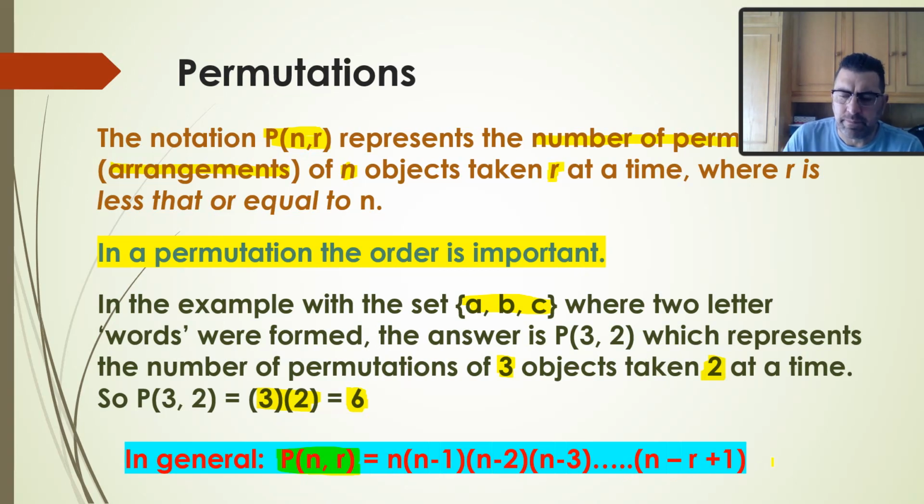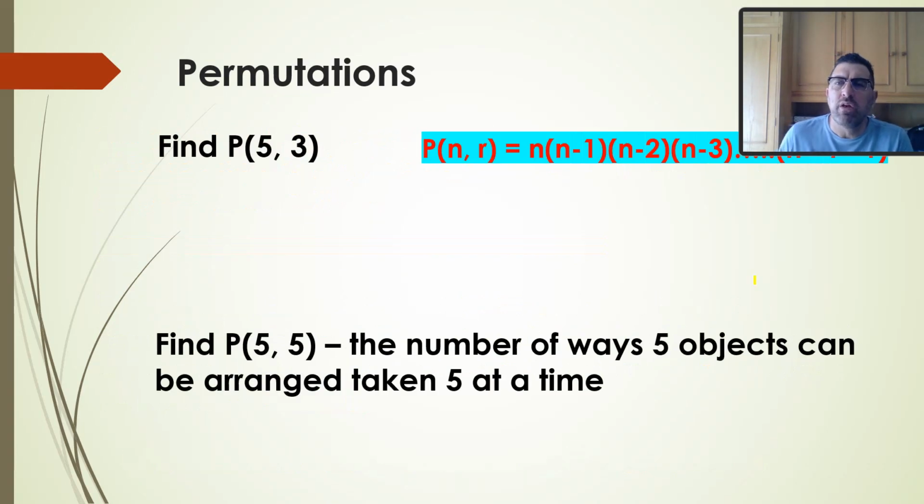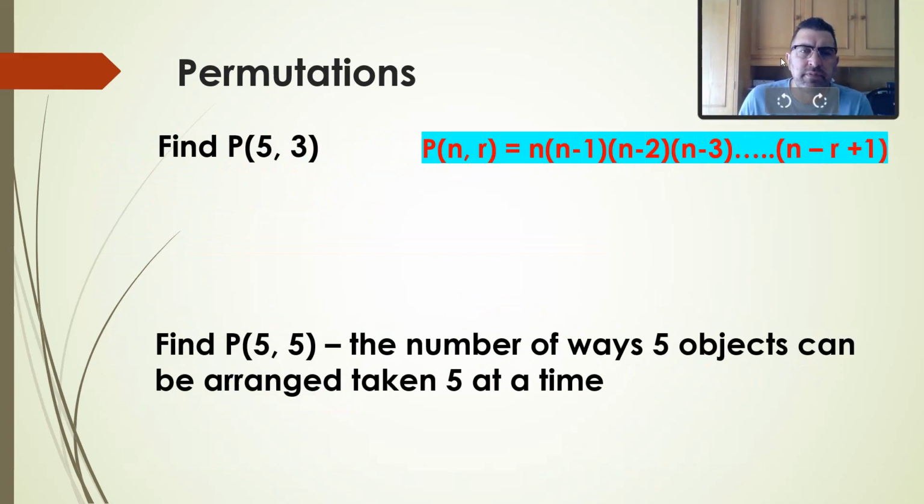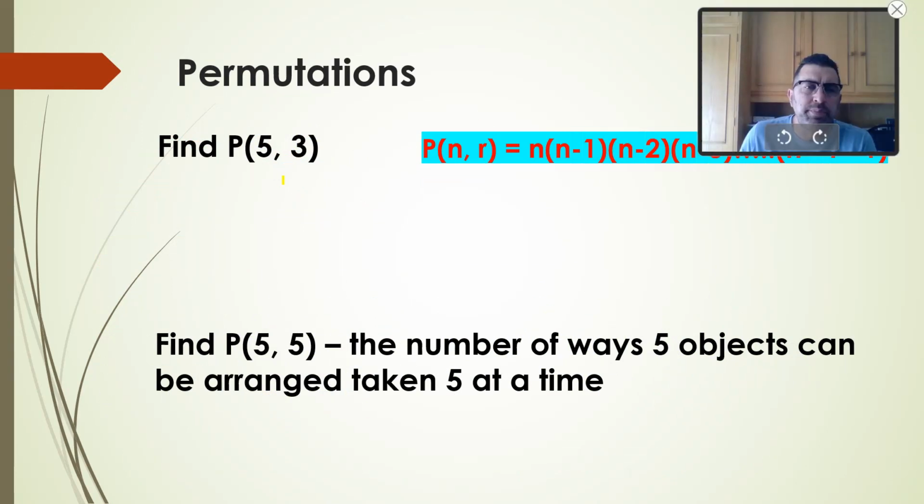With that in mind, we need to find P53. So if we write down what we know, P53 will be 5 factorial, which is going to stop at 5 minus 3, which is 2, plus 1.